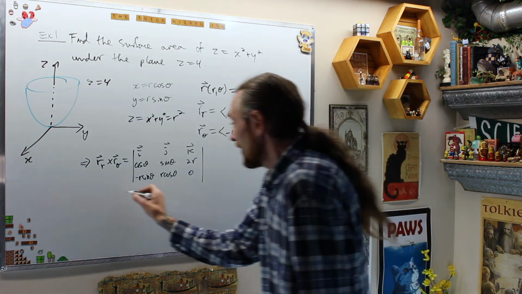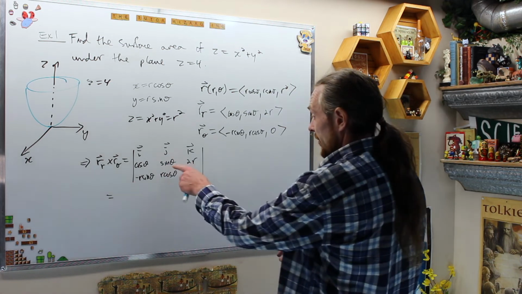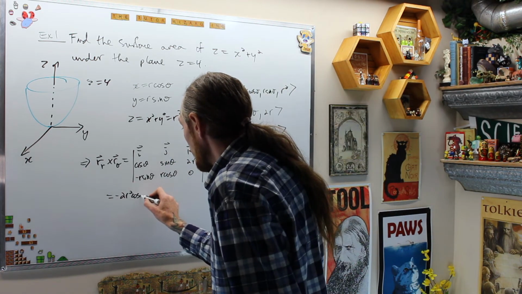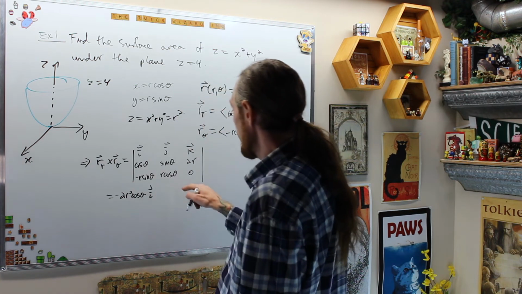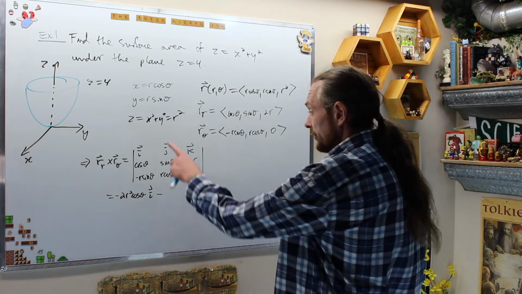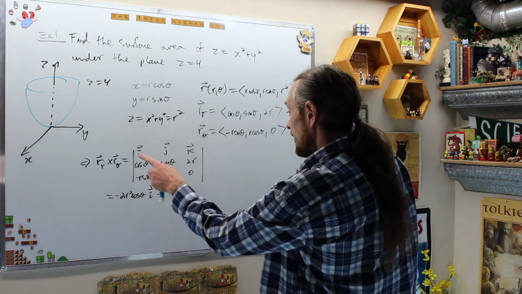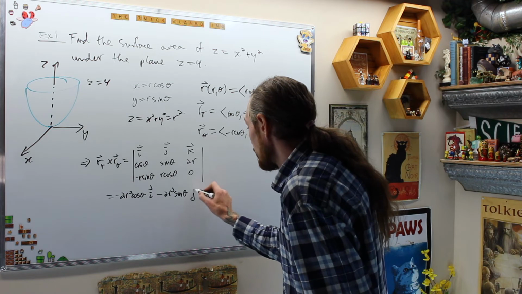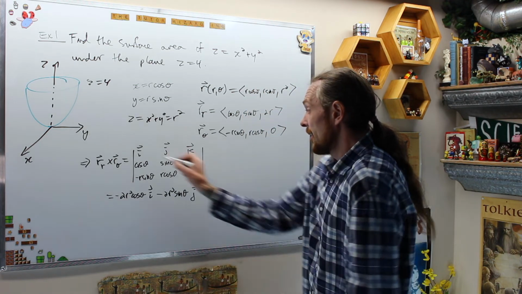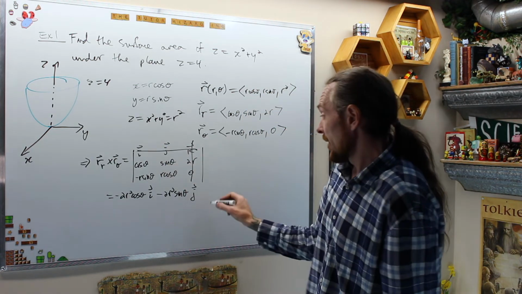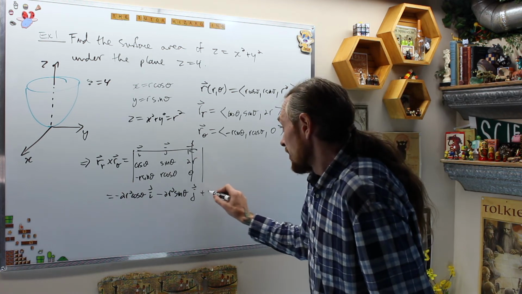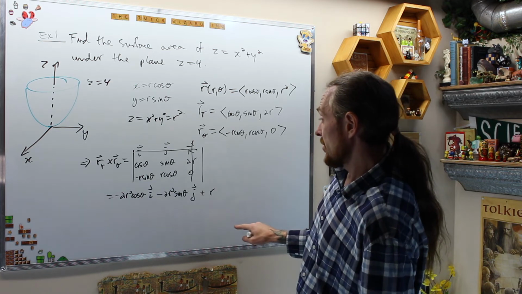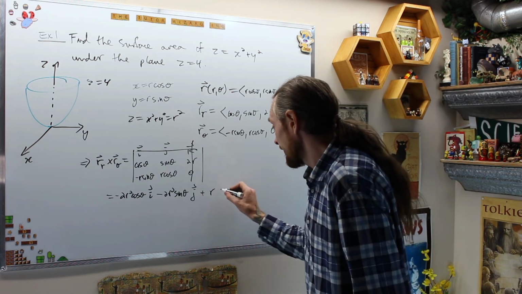That is going to give me negative 2r squared cos theta i, and then minus in j, I'm going to get 0 minus, so 2r squared sine theta j, and then in k, we're going to do criss-cross, and I'm going to get plus r.